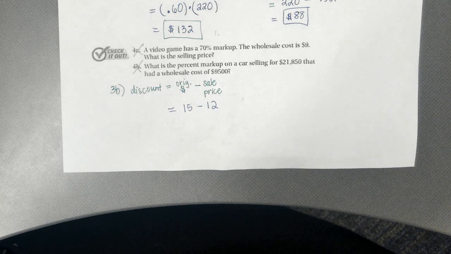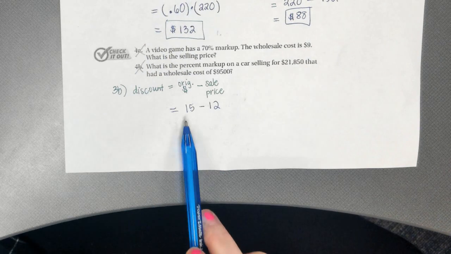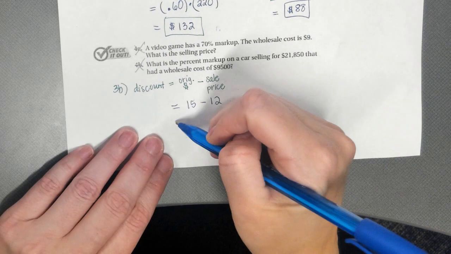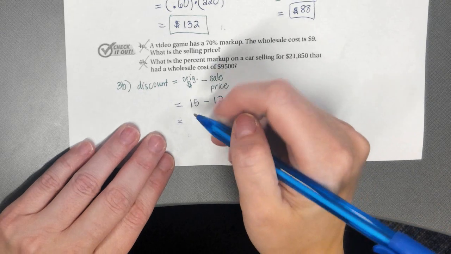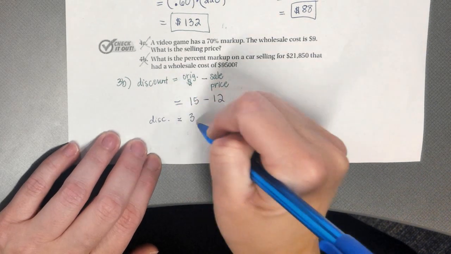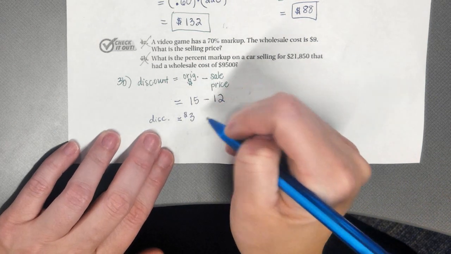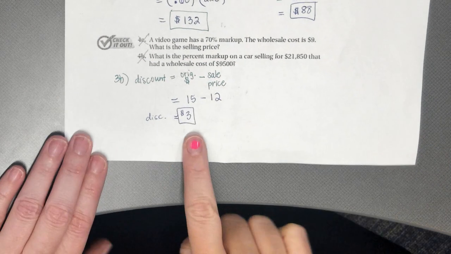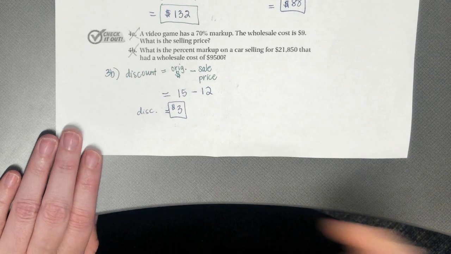So with the 12 and the 15, the original would be the 15, the sale would be 12, and then you subtract. So the discount, I'm going to put disc, was $3. So it was $3 off.